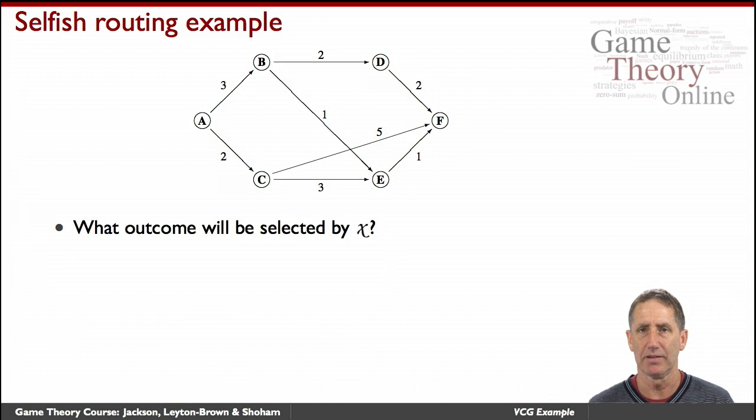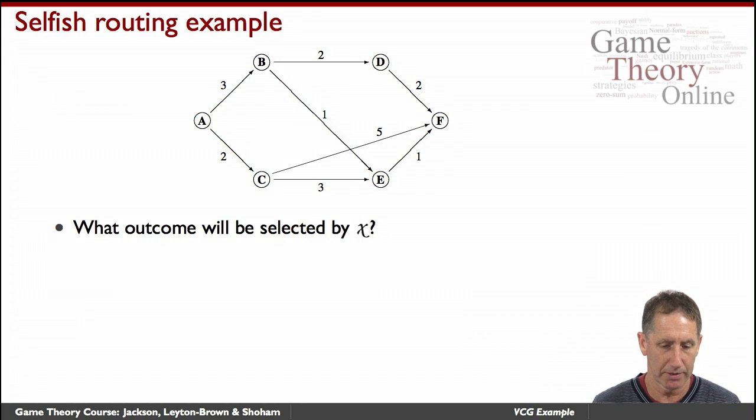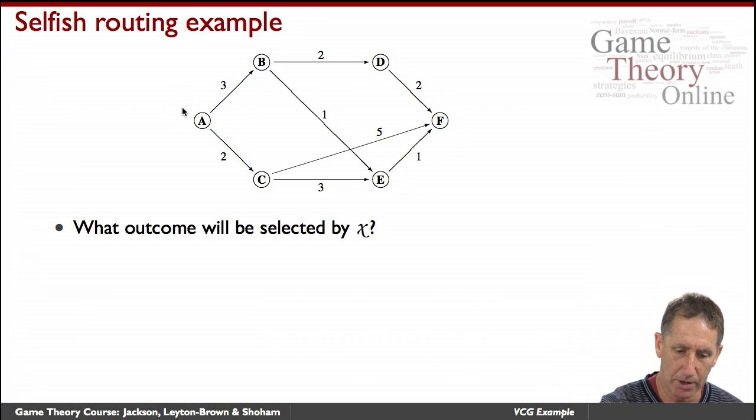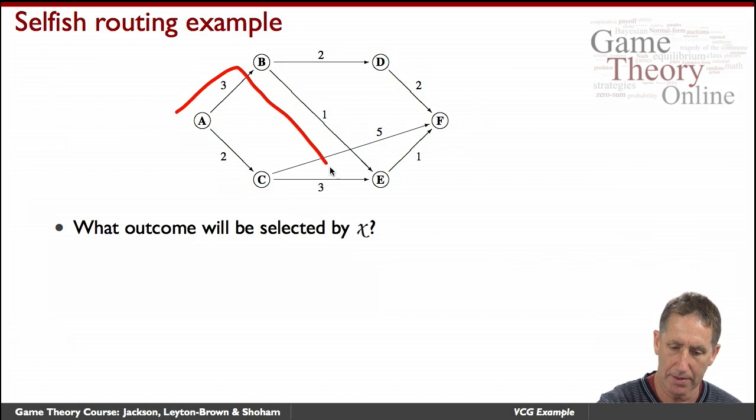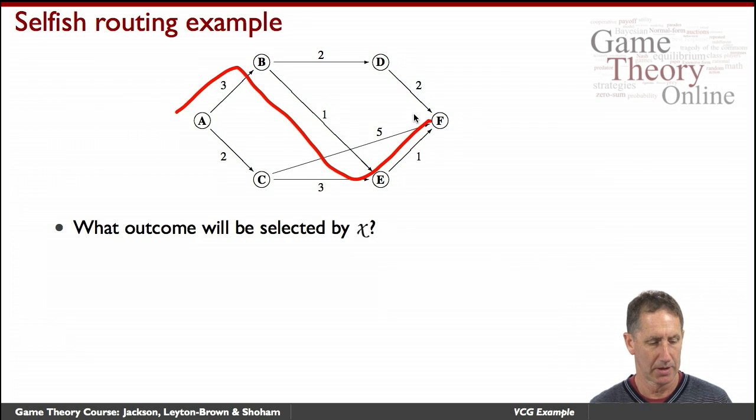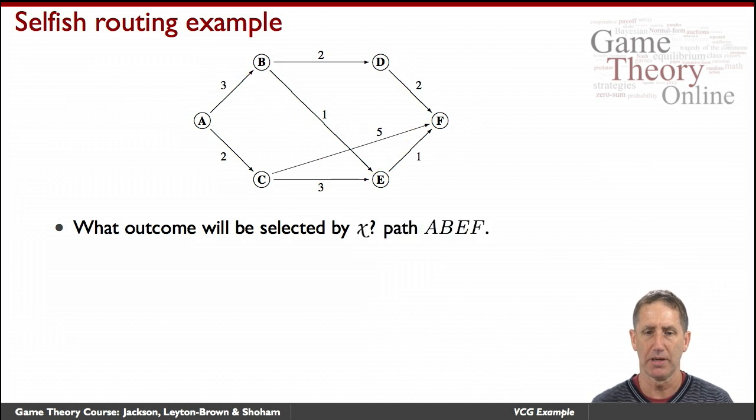Each link has the cost or the length of it, if you wish, and the goal is to find a shortest path from A to F. Obviously, looking at it, it'll be quite obvious that the shortest path is this one. And so this is the path that would be selected by a traveler who wishes to get from A to F most quickly.